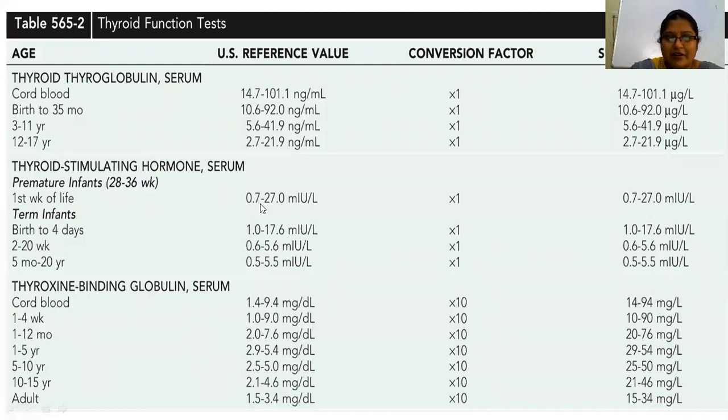First week of life, 0.7 to 27, and then at term birth, it is 1 to 17.6. Then it decreases as it approaches adulthood. Then thyroxine binding globulins: at the time of birth it's 1.4 to 9.4, and by adulthood it decreases.